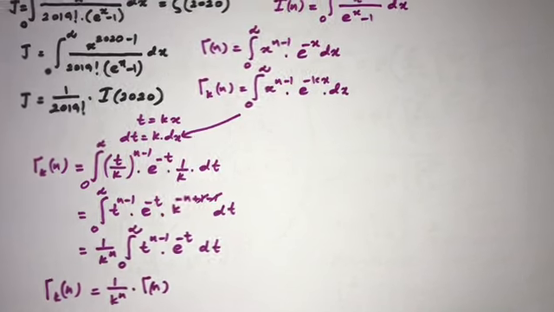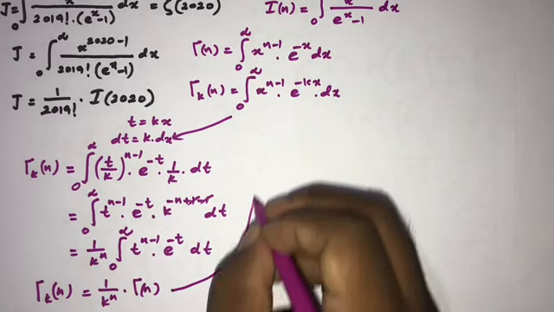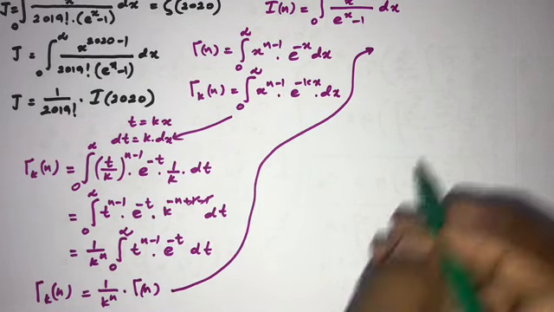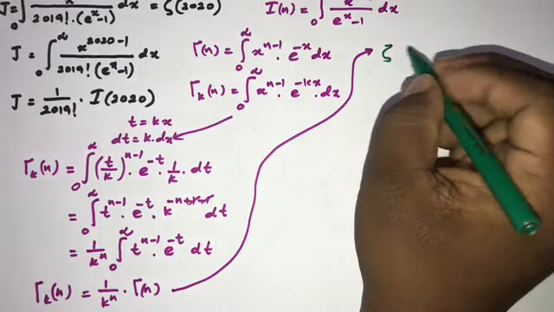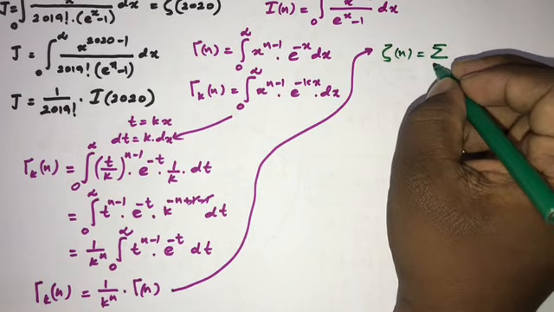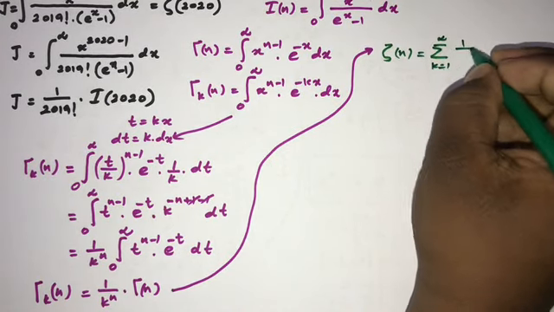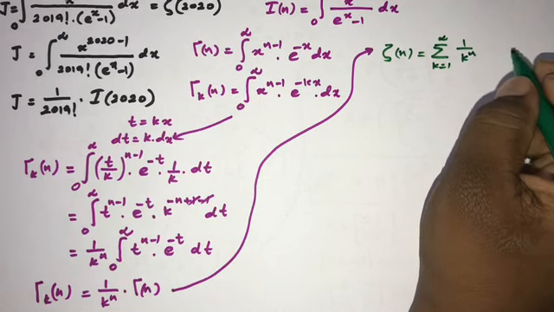Well, now I'm going to take the definition of the zeta function. We know zeta of n is equal to the infinite sum, k from 1 to infinity, of 1 over k to the n.